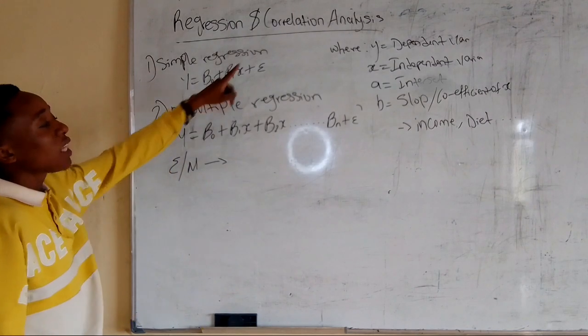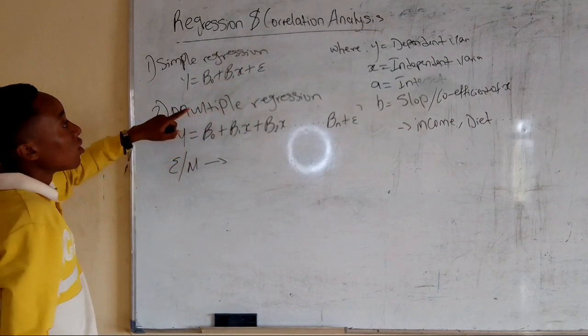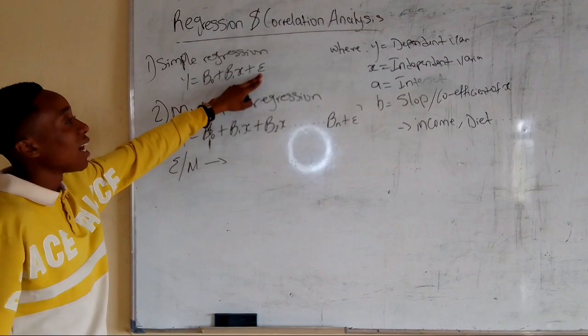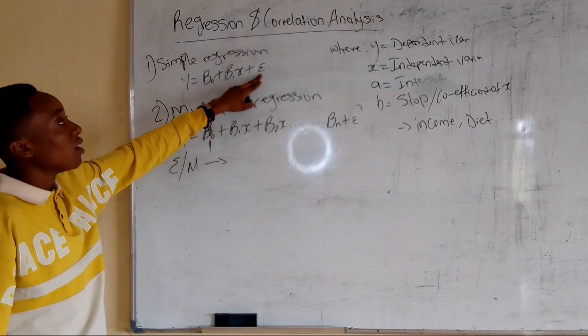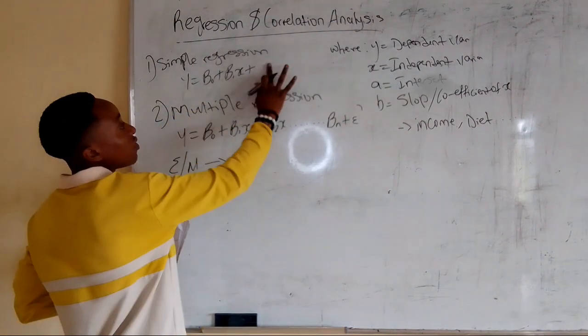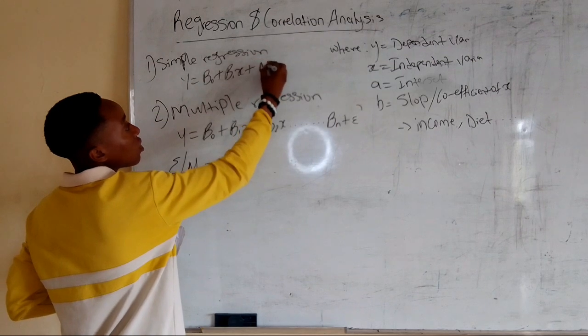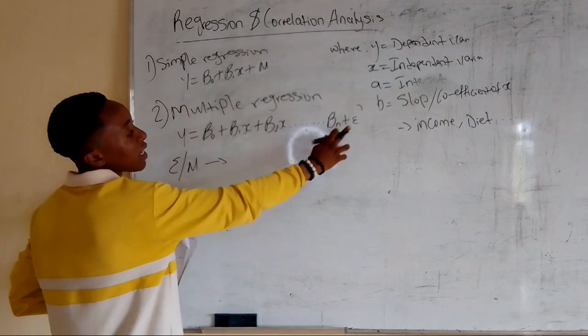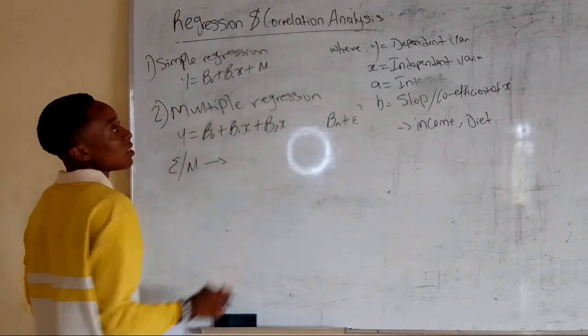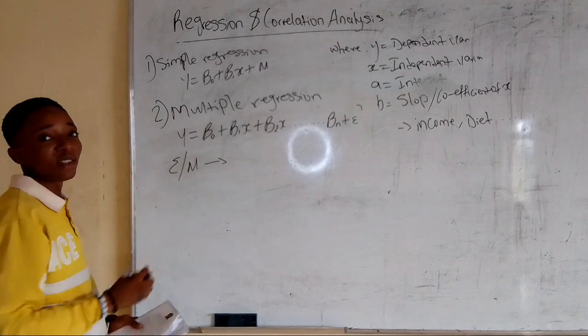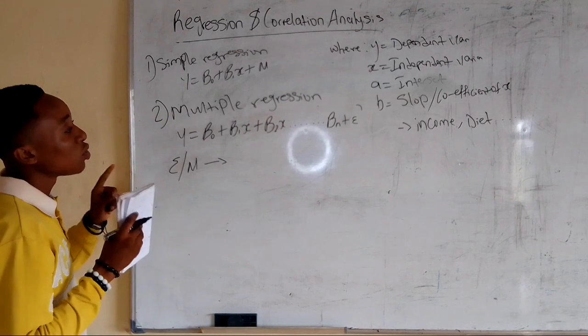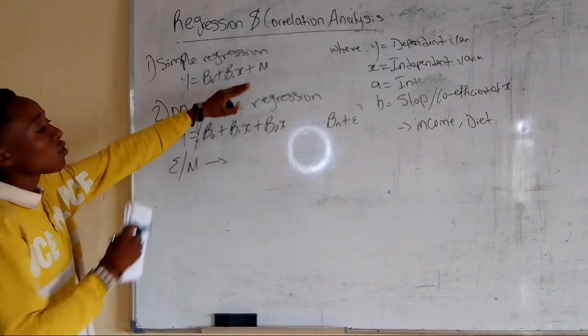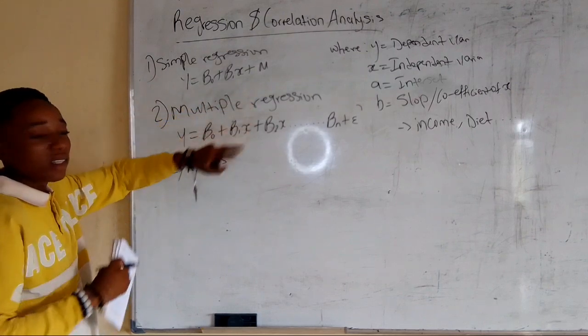Because we have omitted those factors, we represent them with our error term. Whether you write it as mu or as error term, it's still the same thing. Both of them represent those factors that have been omitted.